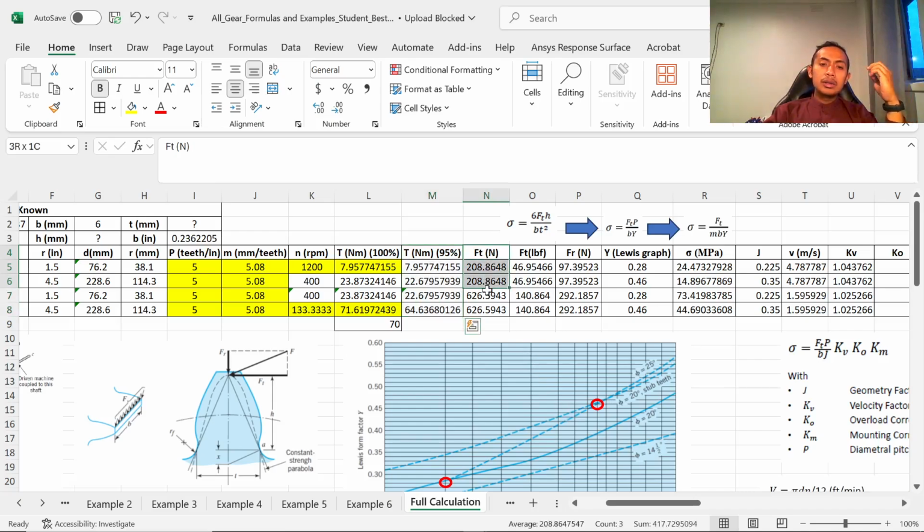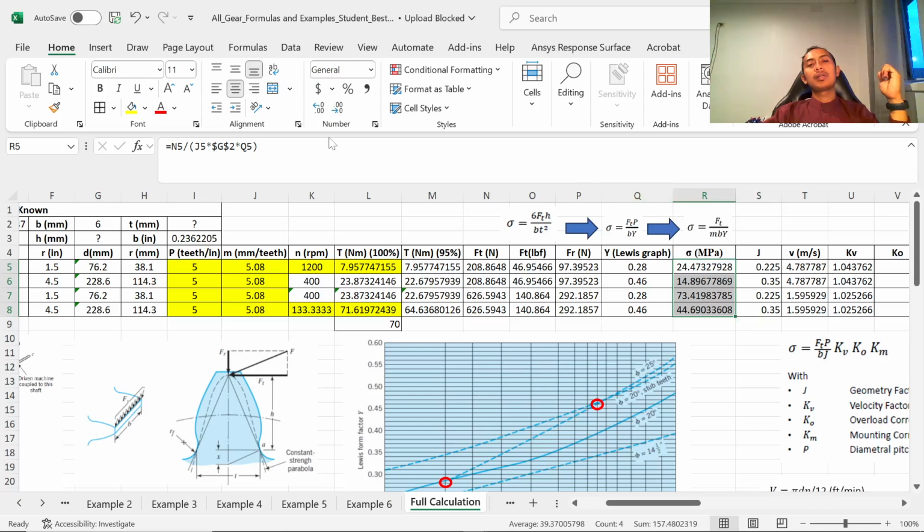This is the tangential force, which is also critical, because it creates bending stress at the root of the tooth, so it is really critical for calculating stress. The radial force, Fr, is not really critical because it is only compression and not a big value, so the stress is not a big deal.